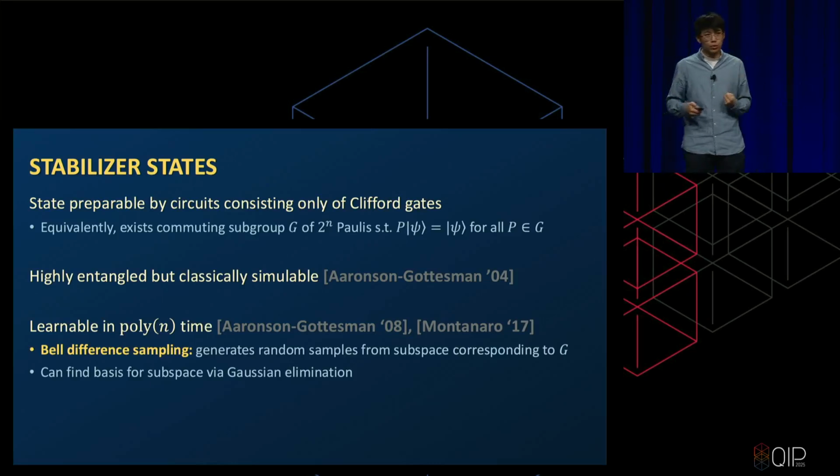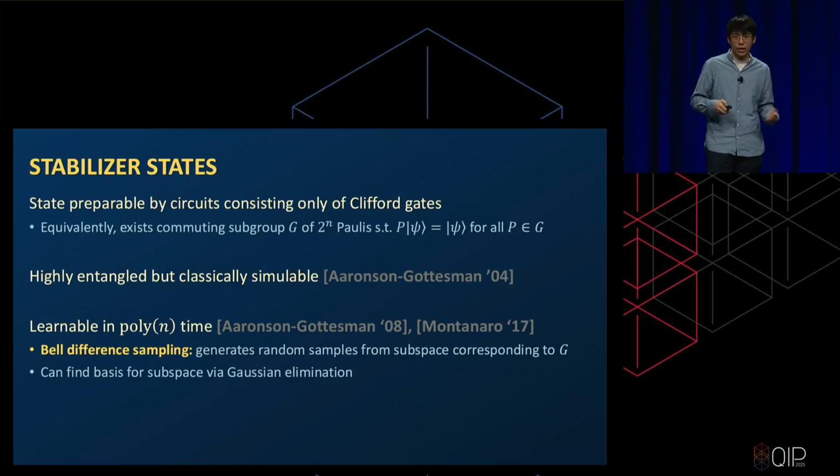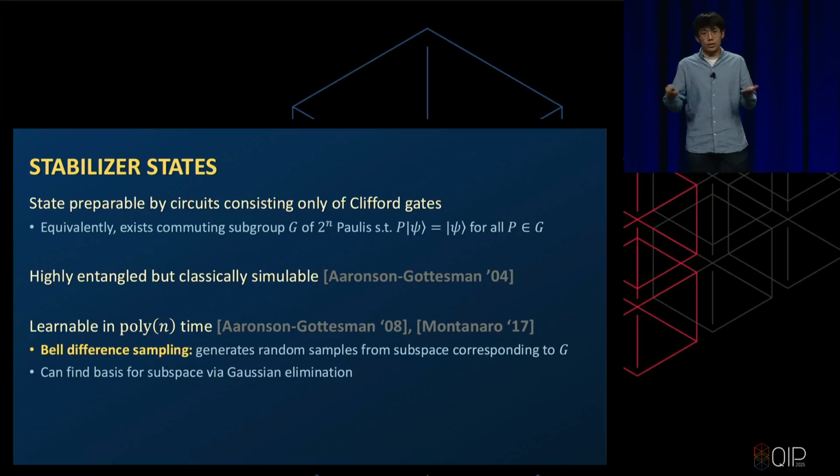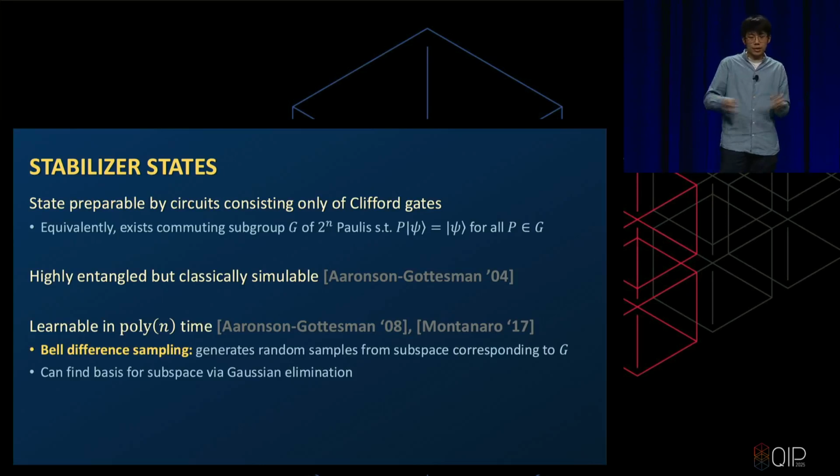So I won't be able to tell you specifically how Bell difference sampling works. You should think of it as some method that essentially operates with 2-copy measurements that allows you to get random access to a certain subspace that corresponds to your stabilizer group. And so if I want to learn this subspace, I'll just sample a bunch of random vectors from it. And eventually, I'll form a basis. I'll learn that subspace using Gaussian elimination, and I'm done.